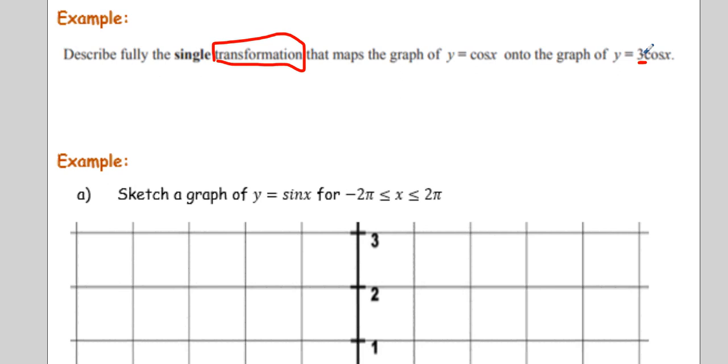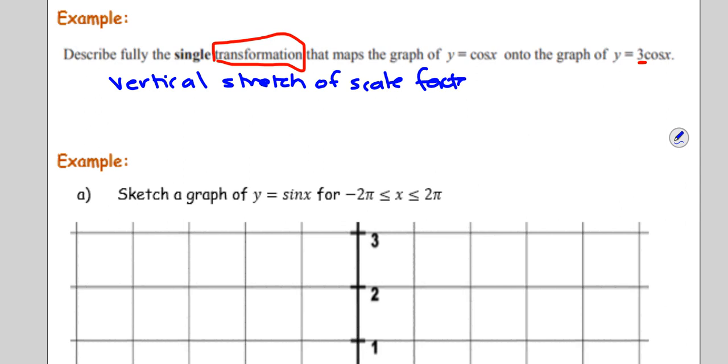We maybe mention the amplitude changes from 1 to 3, because who knows, maybe they're fine with that. But then try to use transformation words. So as you said, it's a vertical stretch, scale factor 3. If it was a horizontal stretch, so if it changed from cos x to cos 3x, it would be a horizontal stretch of scale factor 1 over 3.